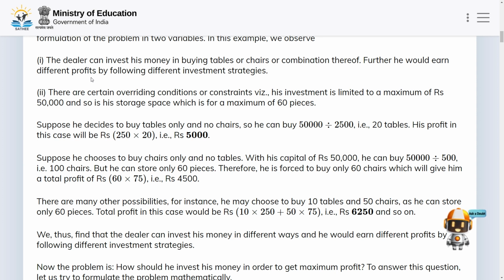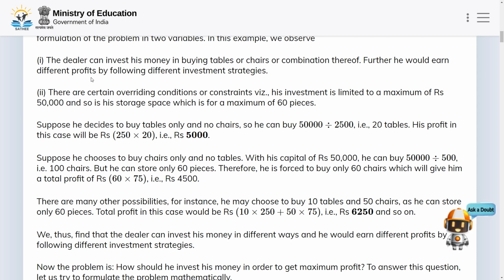This means he can buy only 20 tables, and his profit will be what? For each table he sells, he will get back 250 rupees. Multiplying 250 with 20, he will gain only 5,000 profit.